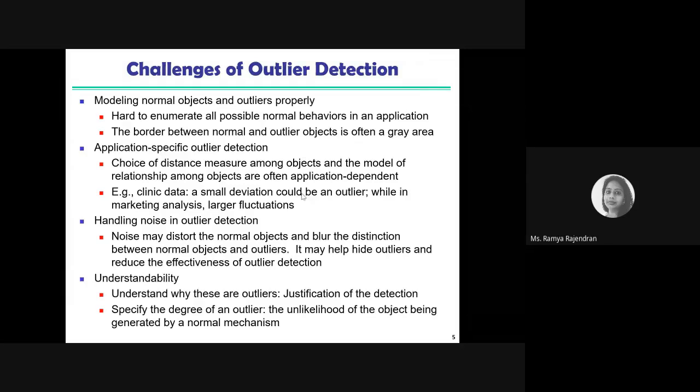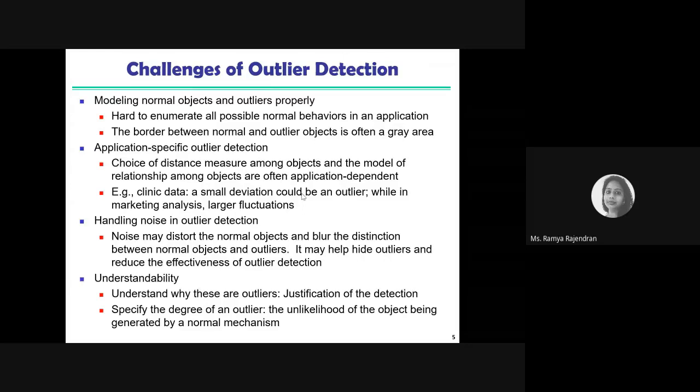For example, when you're using medical data, a small deviation can be called an outlier. Say you're trying to measure hemoglobin, and anybody having a count less than 10 is considered an outlier, whereas 12 is considered normal but 10 is considered low.